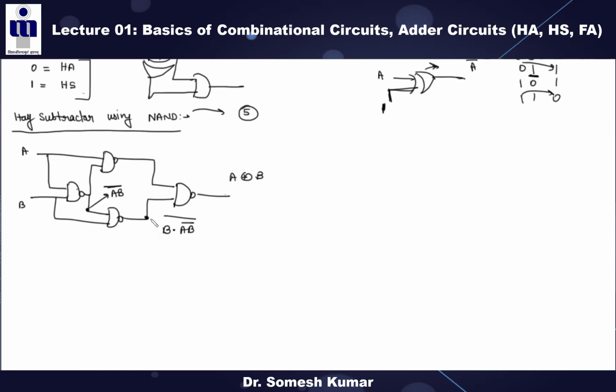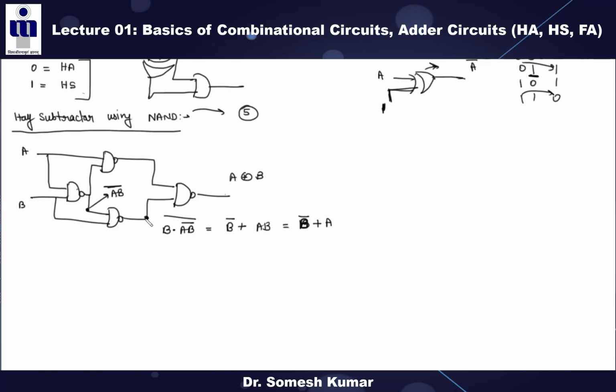If I expand this output using De Morgan's theorem, it is B bar plus AB. And using this expansion, what is the output? B bar plus A, that is A plus B bar.